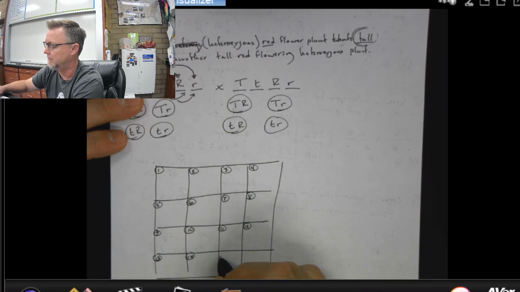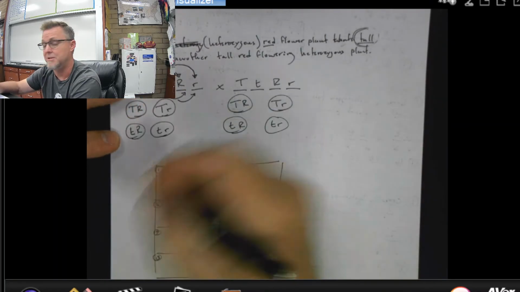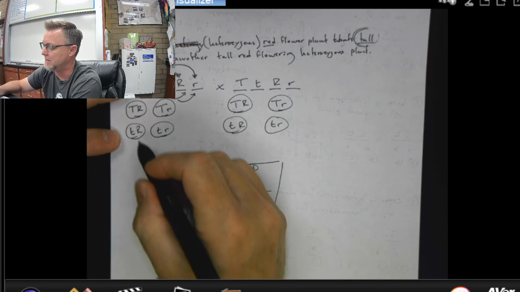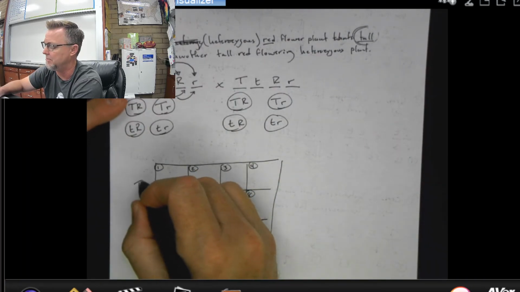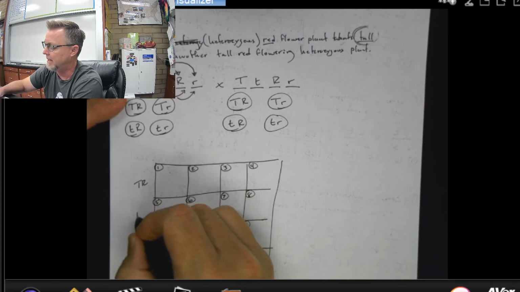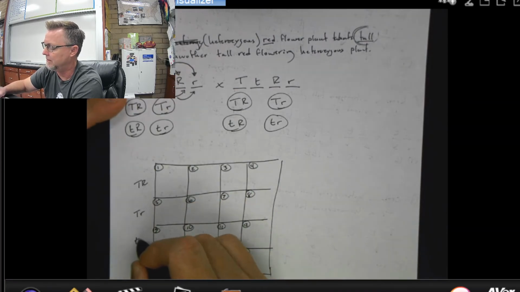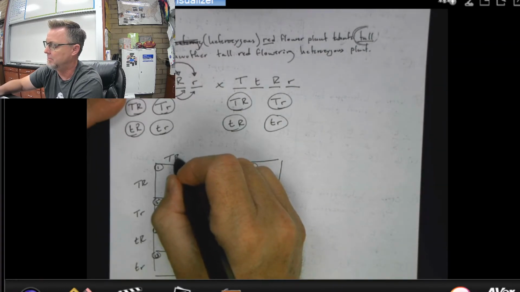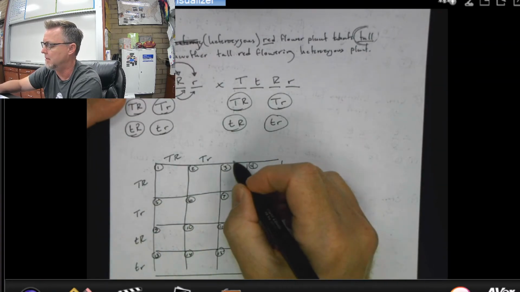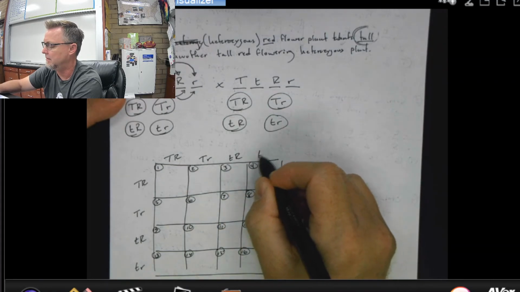You get the idea. 14, 15, 16 boxes. We still put our parents on the sides and tops with the same sort of division for rows and columns. So big T, big R, big T, little r, little t, big R, little t, little r, big T, big R, big T, little r, little t, big R, little t, little r.